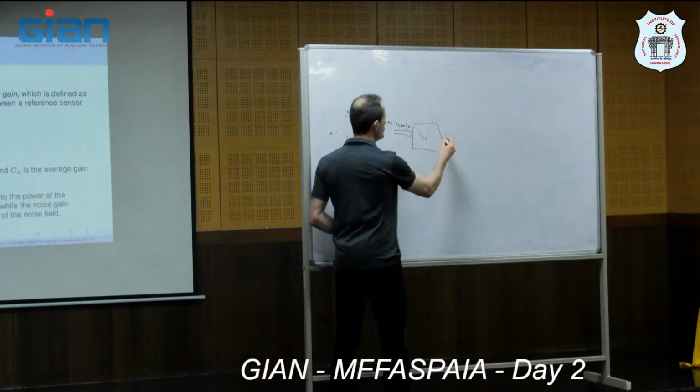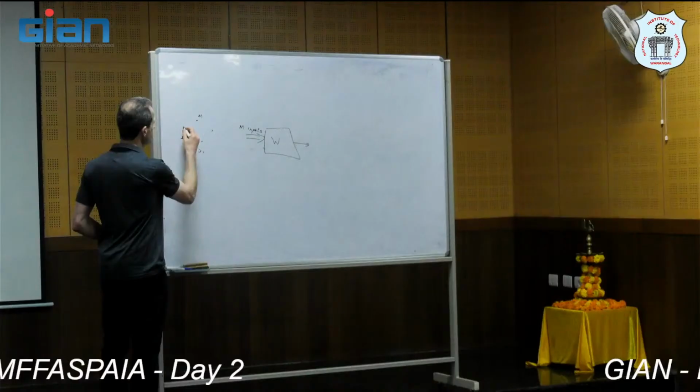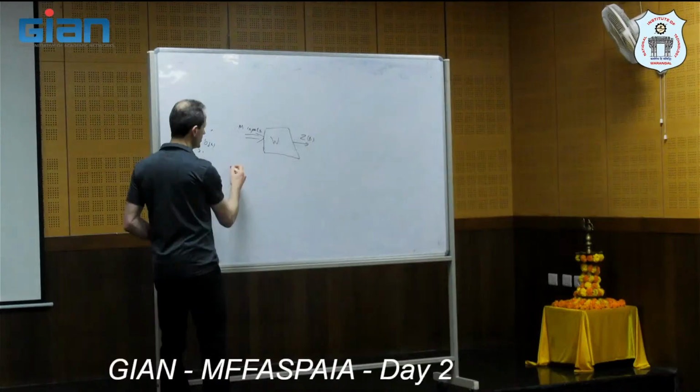Usually we take the signal that is received in each one of them, y1(t), y2(t), and so on, all of them. The output, if we call it z(t), can be written as a summation of the weights.